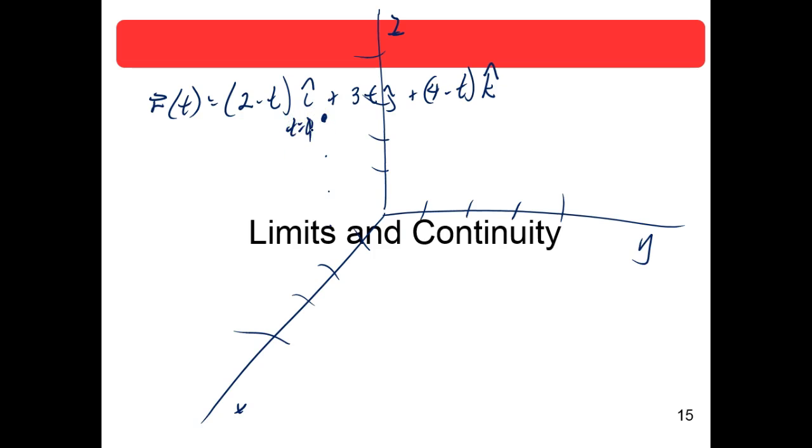Okay, let's go to t equal 1. What would be your next? 1i plus 3j plus 3k.